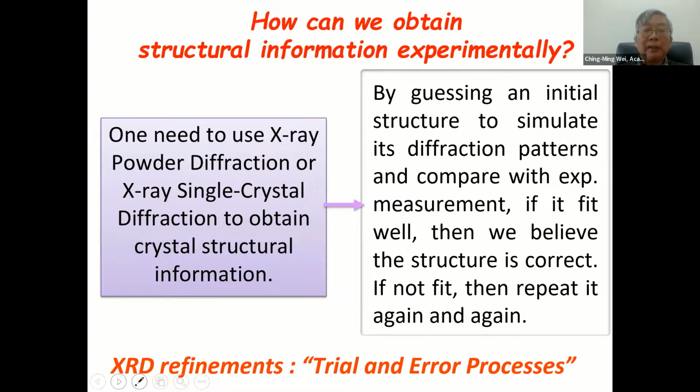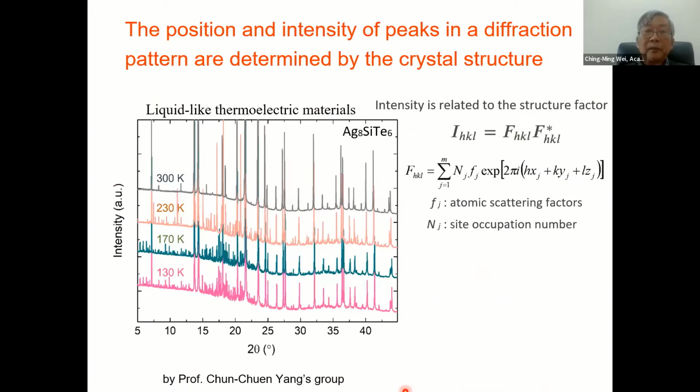So basically, this XRD fitting is a trial and error process, which is very difficult for complicated systems. For example, here we have the A16 iodide materials and their powder diffraction patterns at different temperatures. Then you can simulate the diffraction pattern.